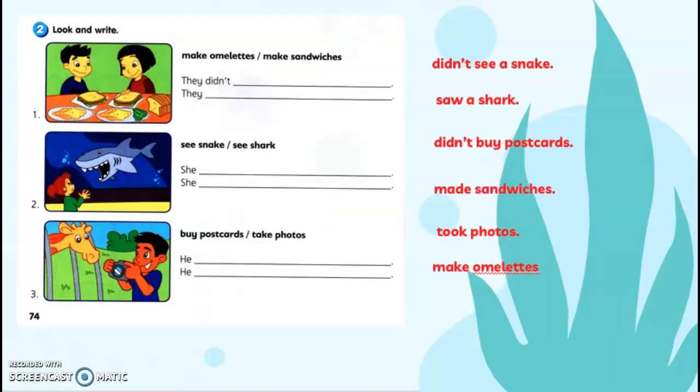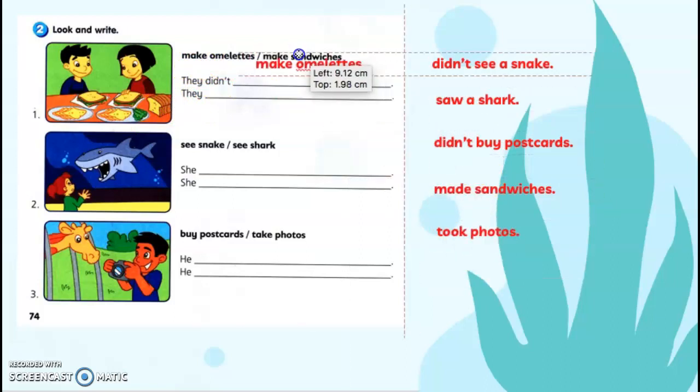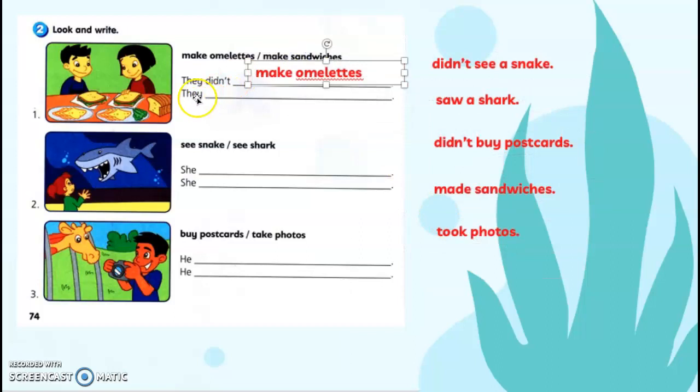So this one you have to construct sentences. Okay, you look at the first picture. Do they make omelette or do they make sandwiches? So they are making sandwiches. So they didn't make omelets. Okay, they didn't make omelets. They made sandwiches.